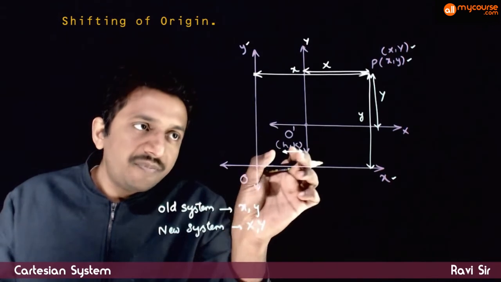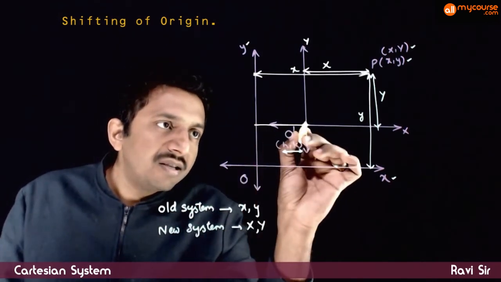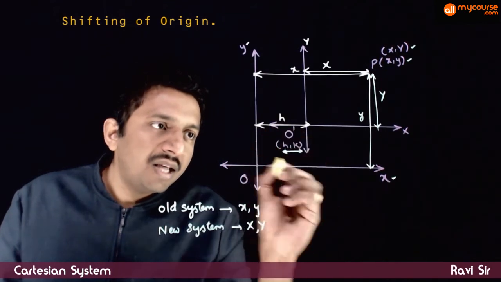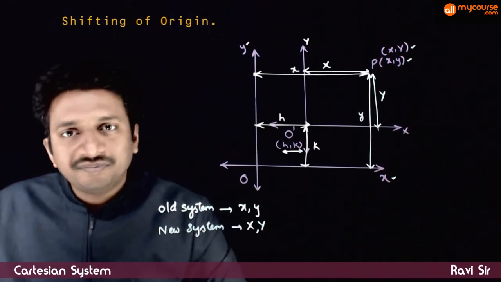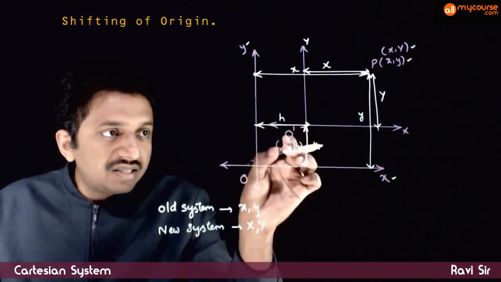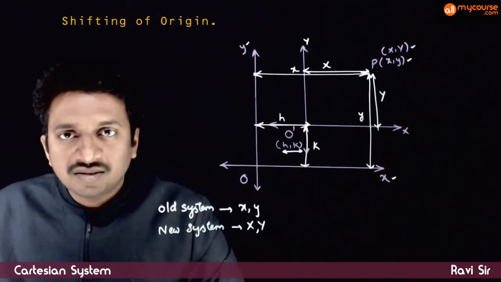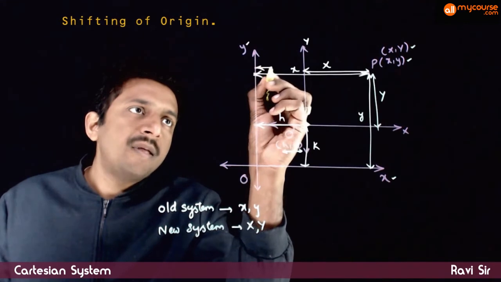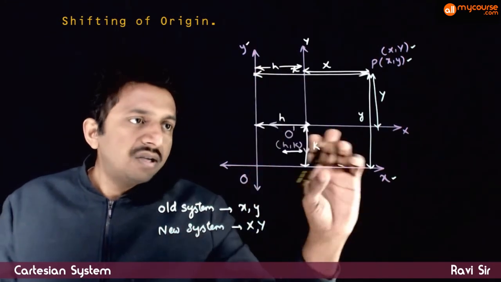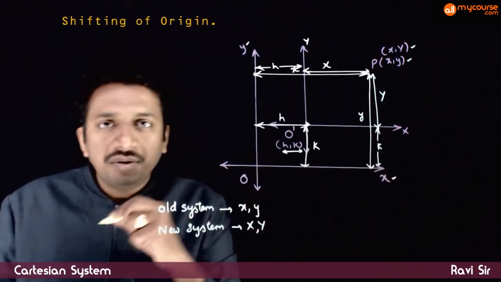As you can see, this point is nothing but h comma k. That means this distance is nothing but h and this distance is nothing but k. h is the distance of this point from the y-axis. k is the distance of this point from the x-axis. Now as you can very clearly see, if this is h, this is also equal to h. If this is k, this length is also equal to k.